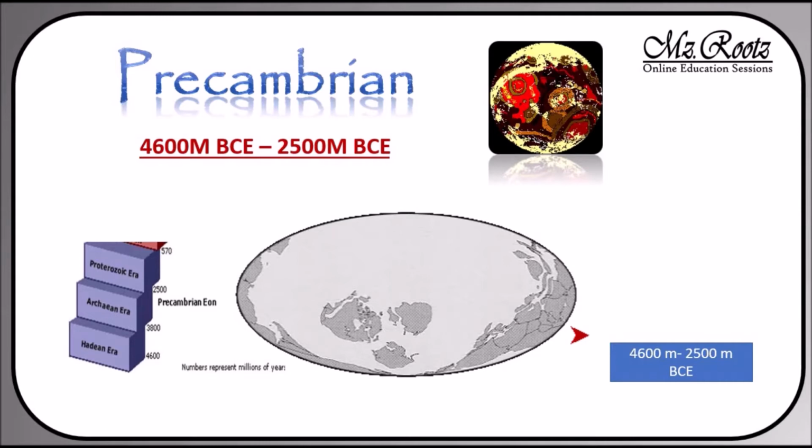Hadean, Hades-like era, 4,600 million years before Common Era, lasting until 3,800 million years before Common Era. This era begins about 4.6 billion years ago with the formation of Earth from dust and gas orbiting the Sun.